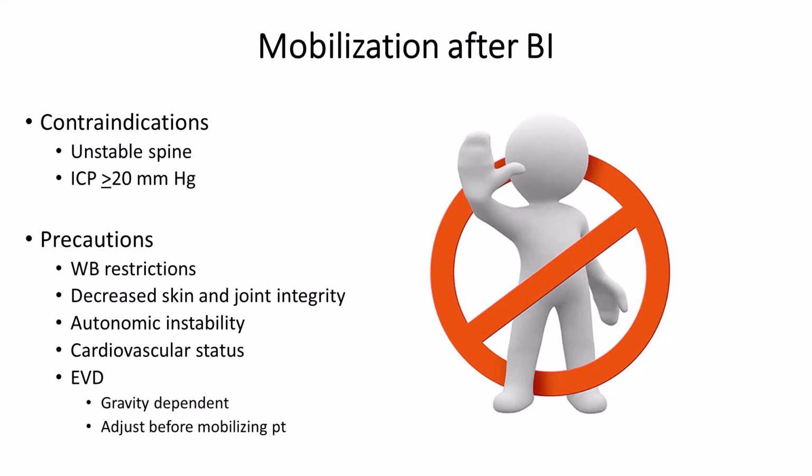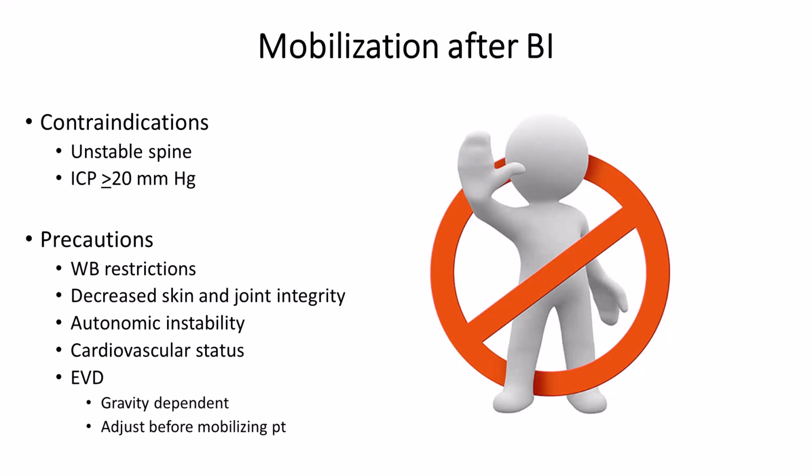As far as mobilization after brain injury, some contraindications you need to be aware of are the presence of an unstable spine or ICP that's greater than 20 millimeters of mercury. As far as precautions are concerned, you should be aware of any weight-bearing restrictions that need to be maintained, any decreased skin and joint integrity, presence of autonomic instability, such as I just mentioned, and their cardiovascular status.